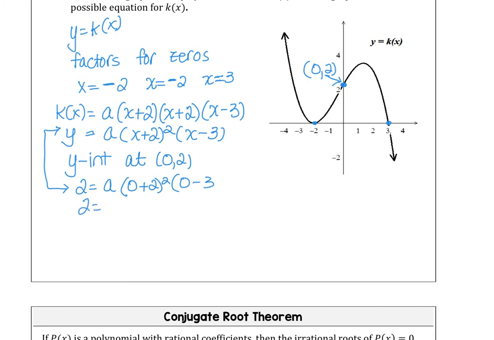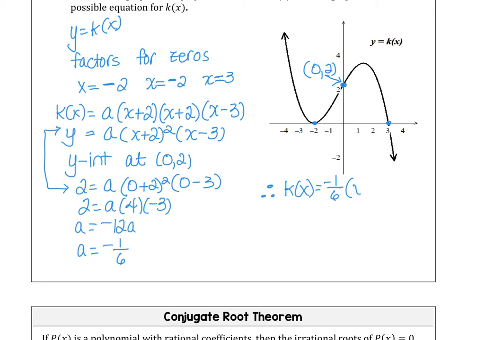So 2 is equal to 4 times -3 times an a. 4 times -3, so -12a is 2. Our a value is -1/6. That means we can put this entire thing together and say k of x is -1/6 times x plus 2 quantity squared and x minus 3.